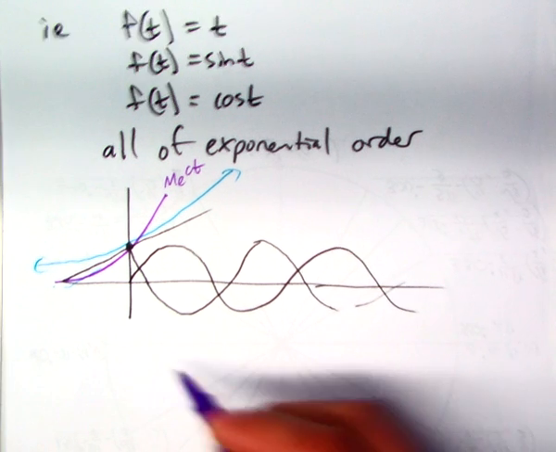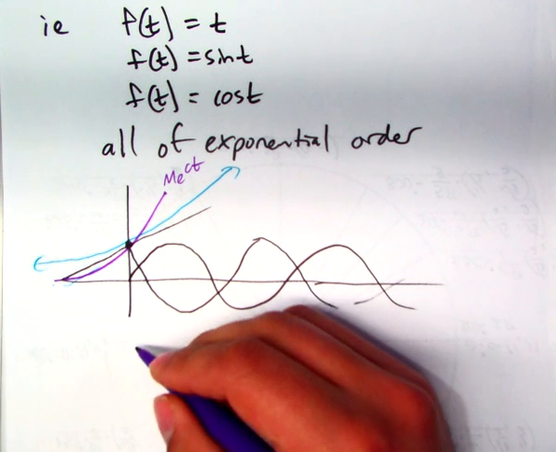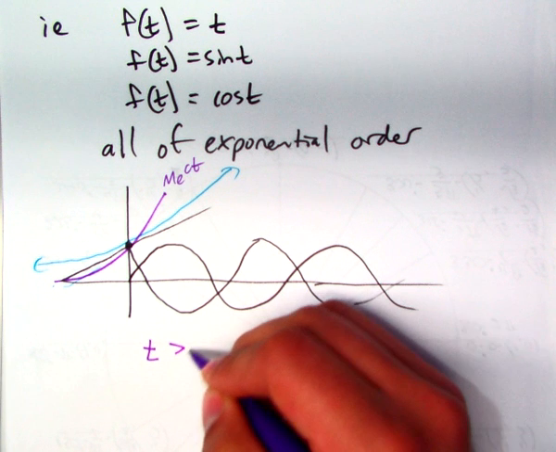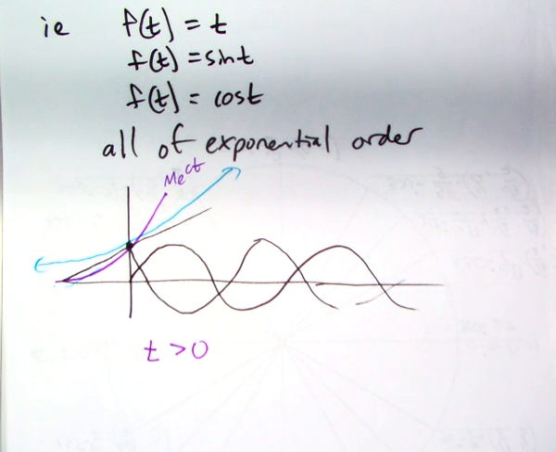We say that these are all of exponential order for what value of t? When t is greater than 0, the exponential function is larger than t, sine, cosine, and a plethora of others, but this is just to give you an idea of what it looks like graphically.